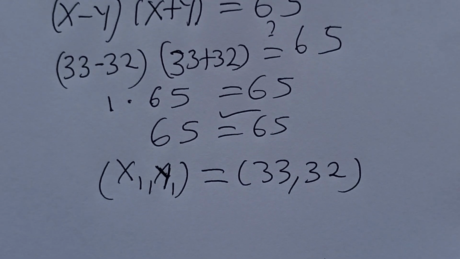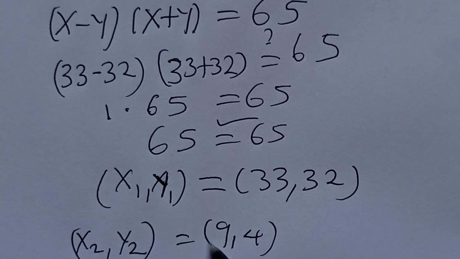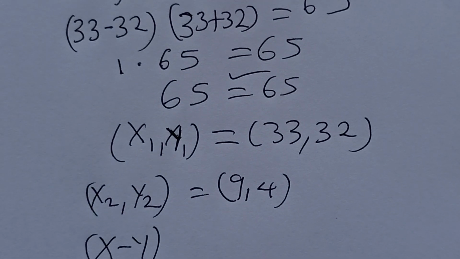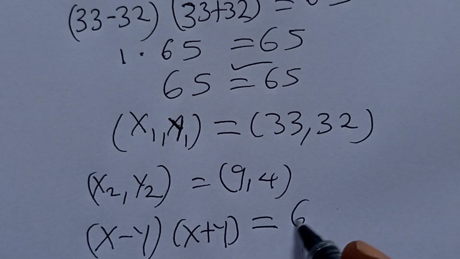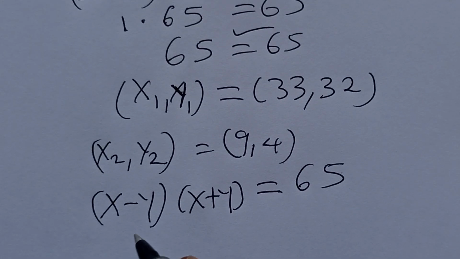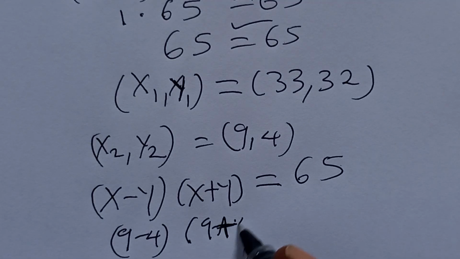So let's check for case 2. For case 2, when we have our x2 comma y2 as 9 and 4. So substituting it into x minus y and x plus y. Let's see if it will give us 65. So we have 9 minus 4 into 9 plus 4.